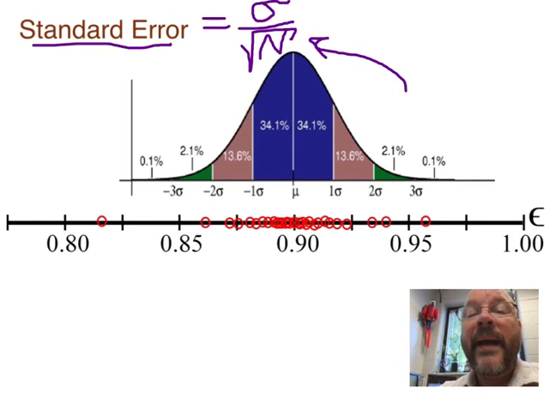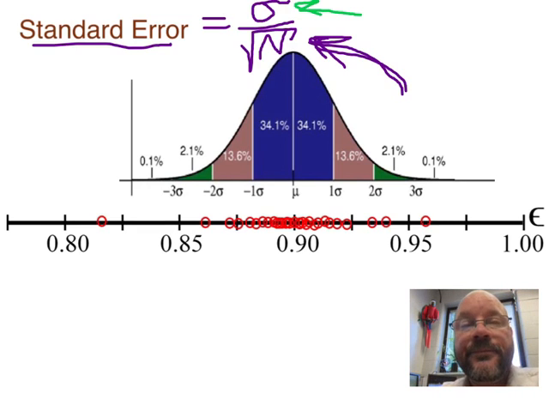No matter how many data points we take, the standard deviation will be the same, but the standard error will not. It's going to be going down because n goes up.